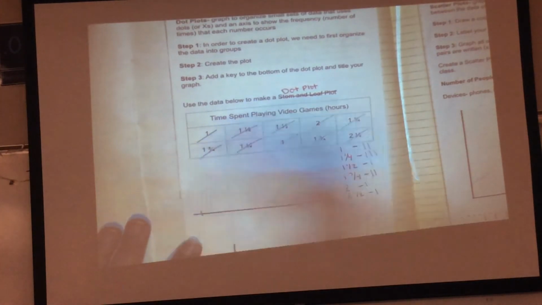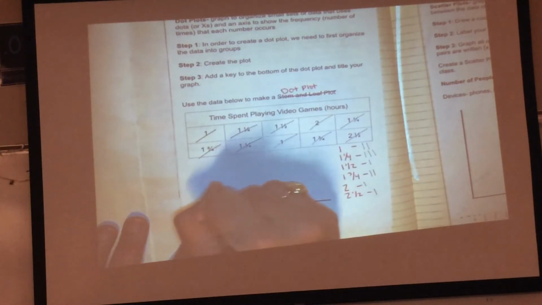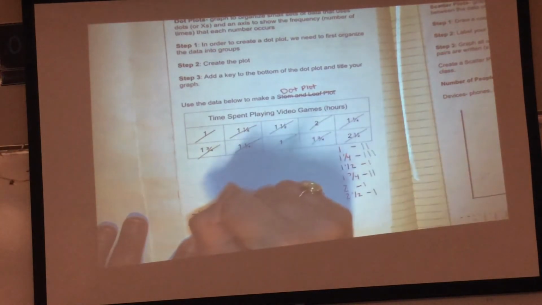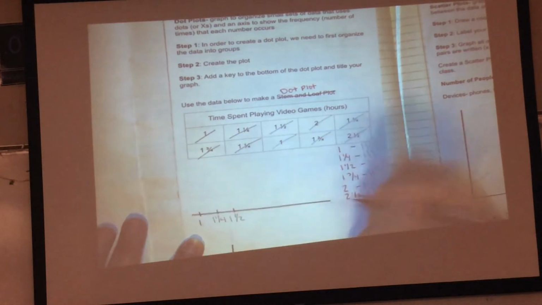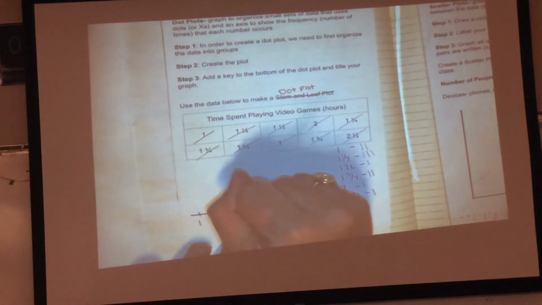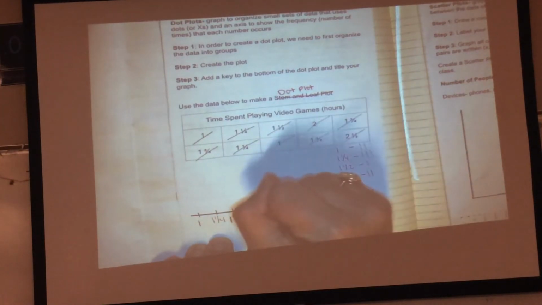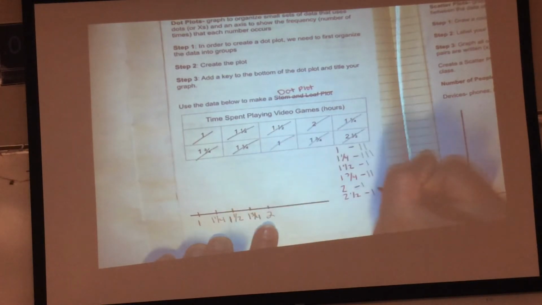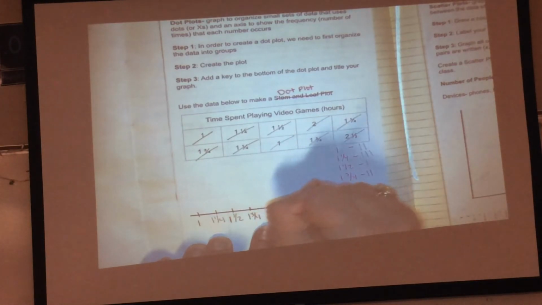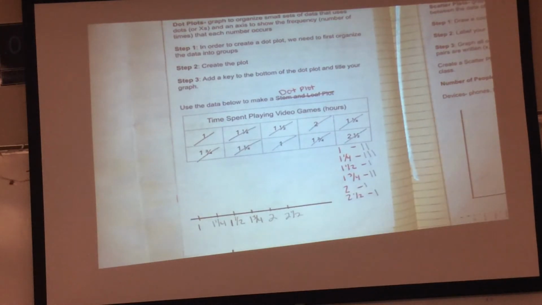I'm going to start with 1, and then I'm going to have 1.25, 1.5, 1 3/4, 2, 2.5. Everybody get that? Okay.